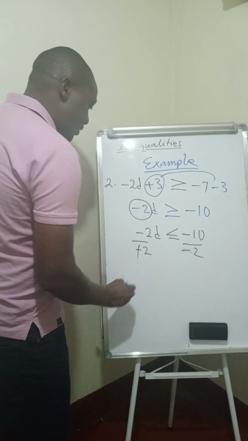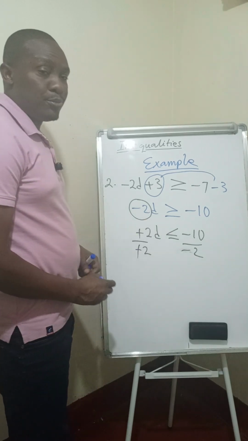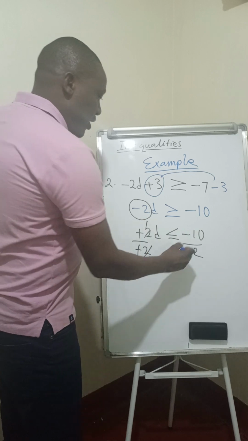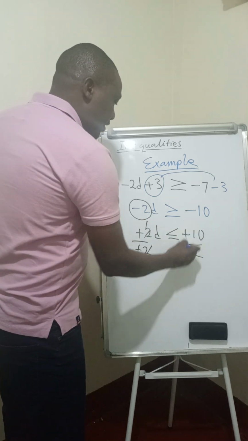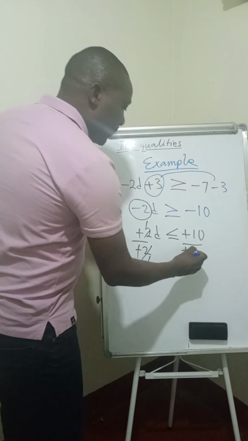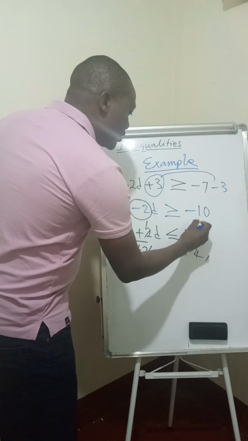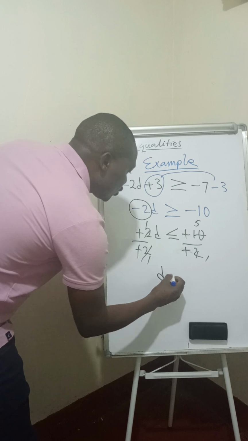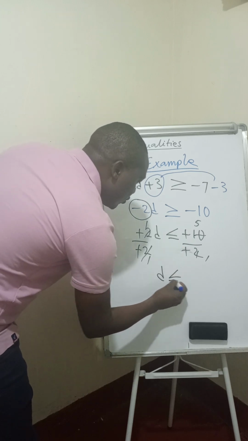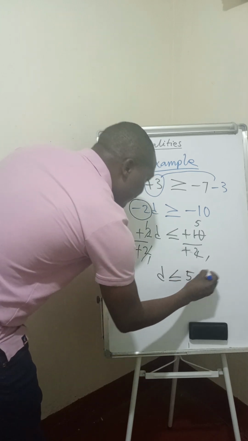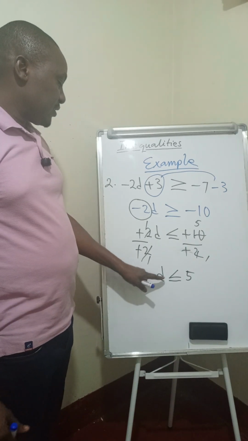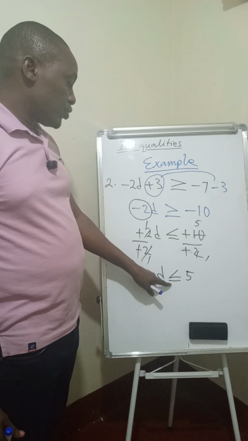Negative divided by negative, you get positive. 2 cancels 2. 2 goes here once, 2 goes here 5. So we have d less than or equal to 5. Look at that. d is less than or equal to 5.